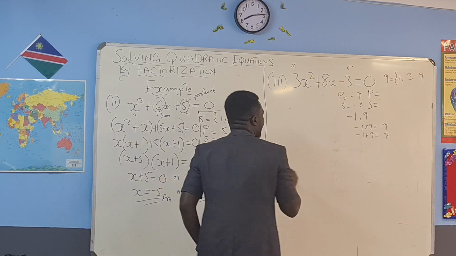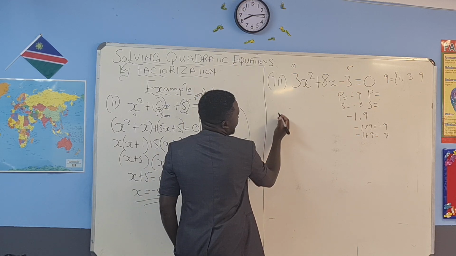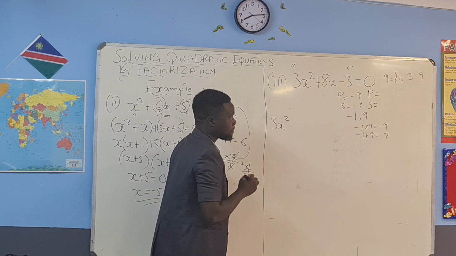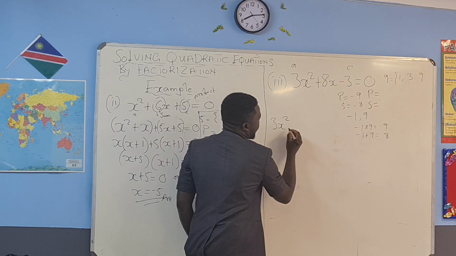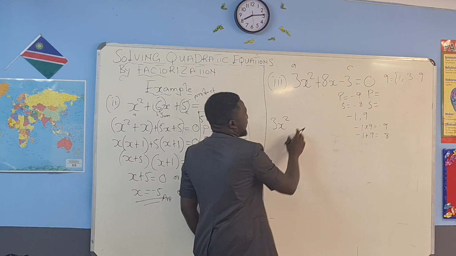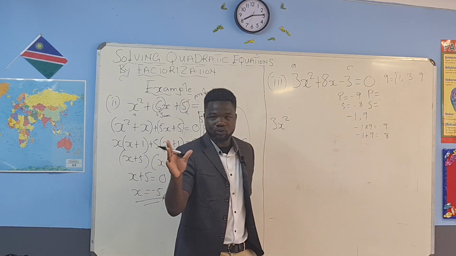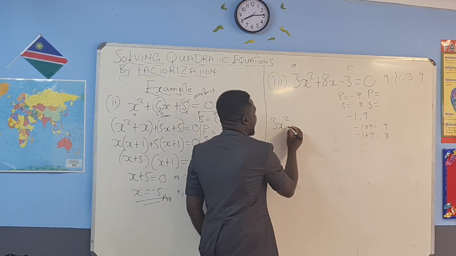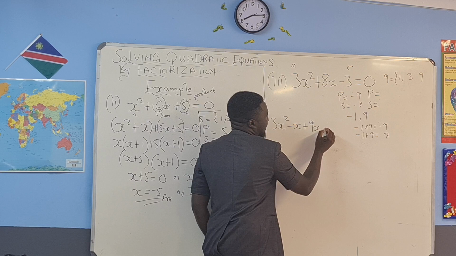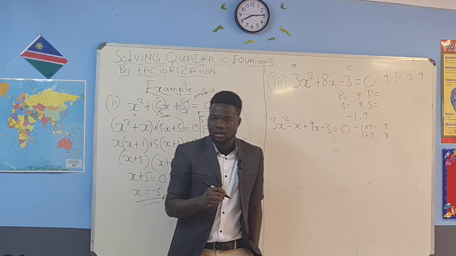What we are going to do here is to write 3x squared, then minus x plus 9x, and then minus 3 is equal to 0. Are we together?